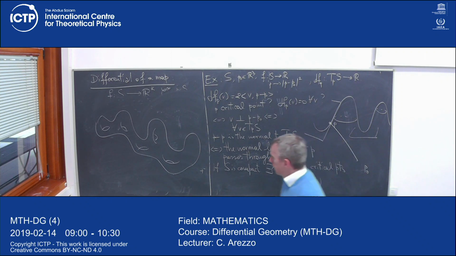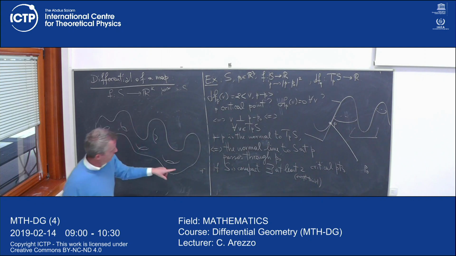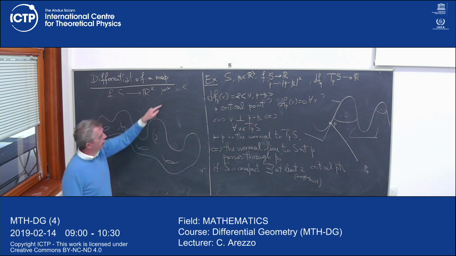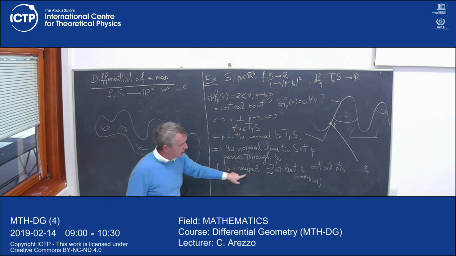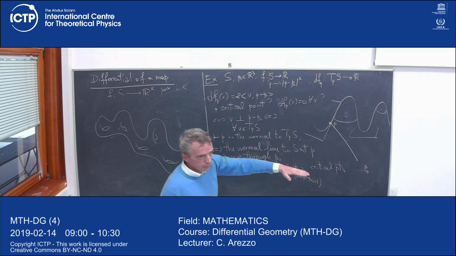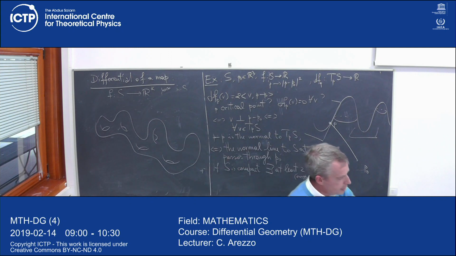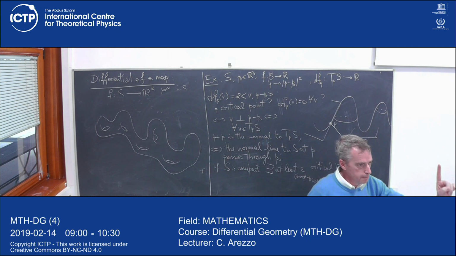The answer is actually yes. If the surface is compact, for every point of R3, there are in fact at least two of these lines passing through this point. Of course, if you drop compactness, this is clearly false. Think of S to be a plane. For every point you draw the tangent space and you take the normal line.